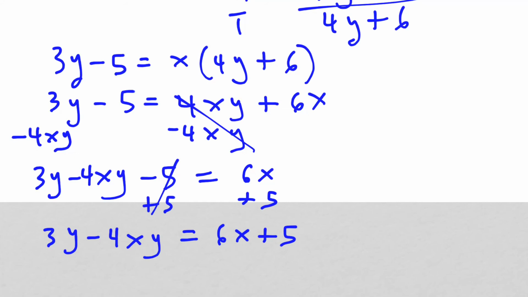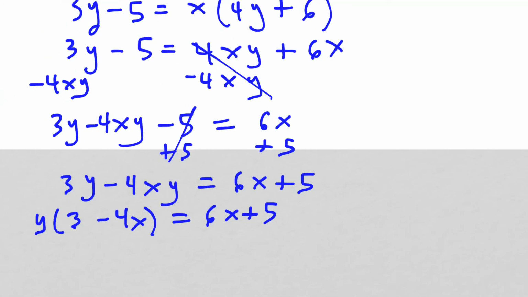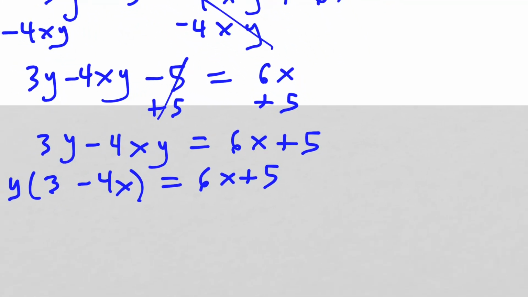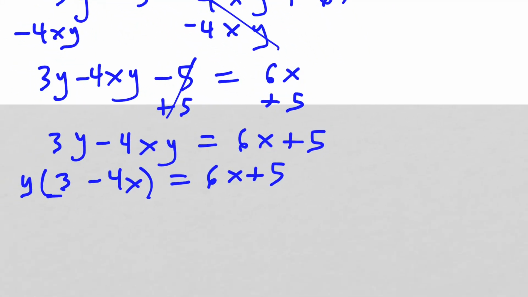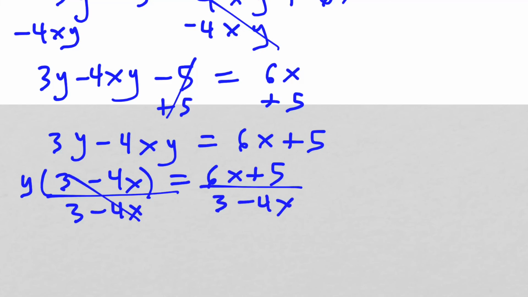All right, now let's factor out a y. So finally my y is starting to emerge by itself. Then if I divide by 3 minus 4x on both sides, I should finally have y by itself.